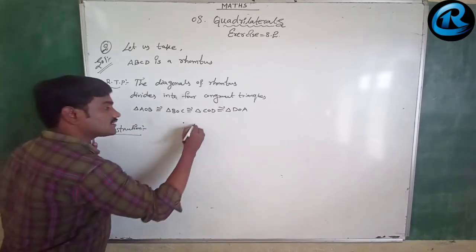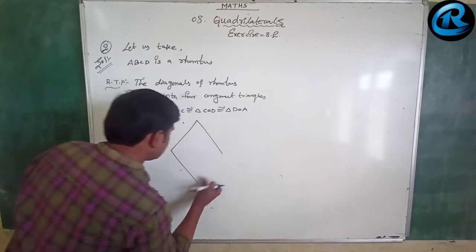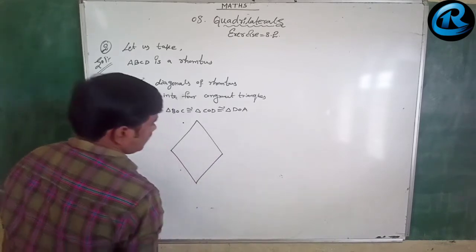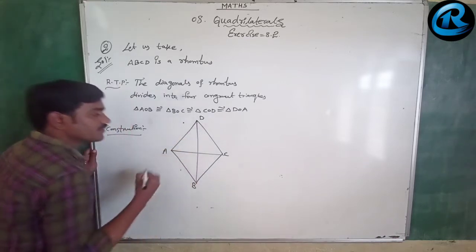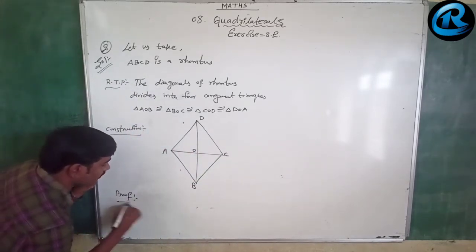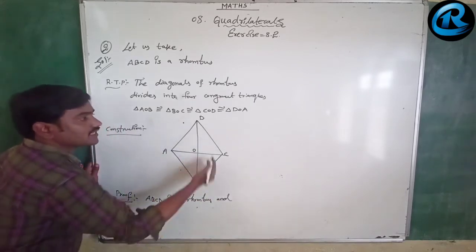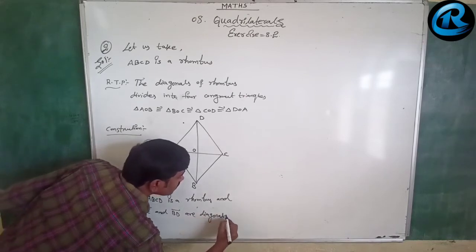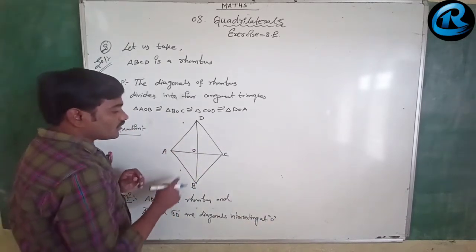Construction: suppose ABCD is a rhombus, and AC and BD are diagonals intersecting at O. Proof: ABCD is a rhombus and AC and BD are diagonals intersecting at O. Now we have to show that these four triangles are congruent.